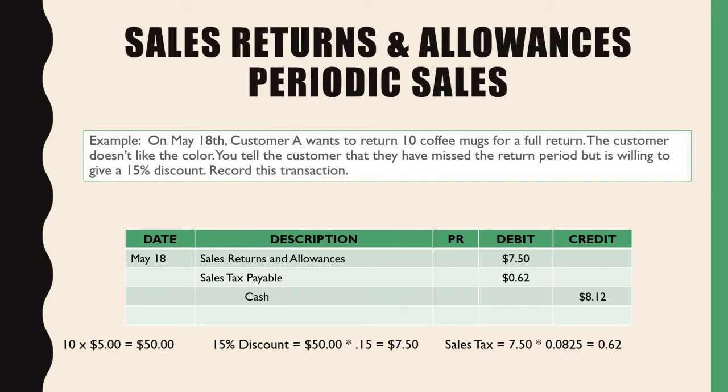You take the 10 coffee mugs at $5 to get $50, and you calculate the discounted amount, which in this case is 15%, which you're going to refund to the customer. And based off of that $7.50, you will calculate the tax, which is 62 cents. So therefore, in grand total, the customer is going to be walking away with $8.12.